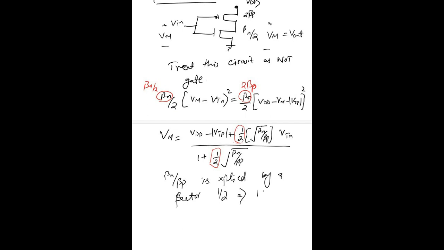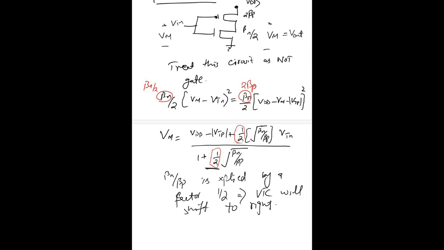This implies that the VTC will shift towards the right. This factor is the reason why our VTC curve was shifted towards the right.